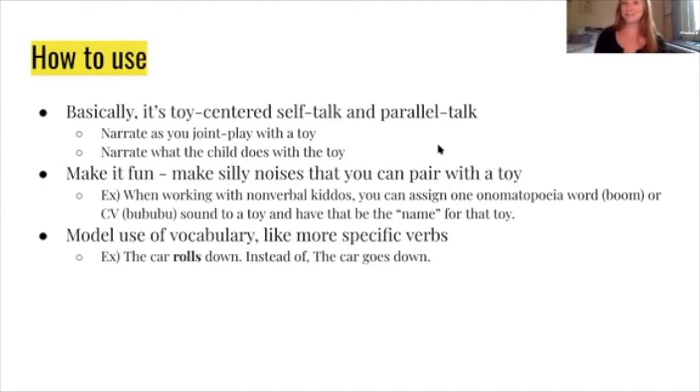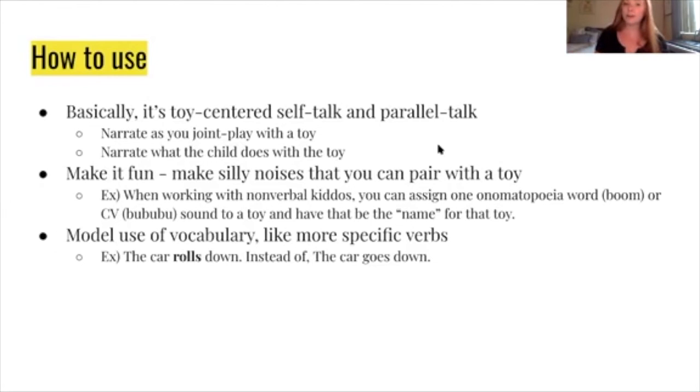You want to make this as fun as possible because this is a really easy strategy to make silly, and I feel like some of the strategies don't necessarily open up to that opportunity. So for example, if you have a doll and you give the doll a name, you can have a silly word be the name, or you can talk about all the silly things that the doll is doing.